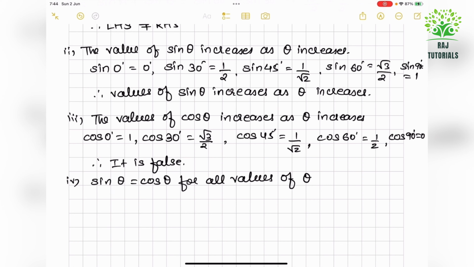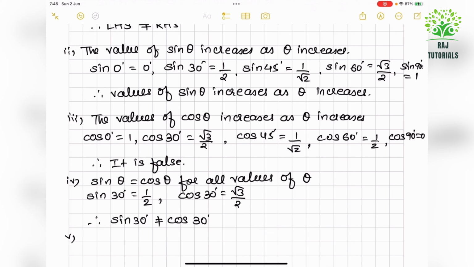So here if I take simple sin 30 and cos 30, sin 30 equal to 1 by 2, cos 30 is root 3 by 2. So therefore sin 30 is not equal to cos 30. So this statement is false.